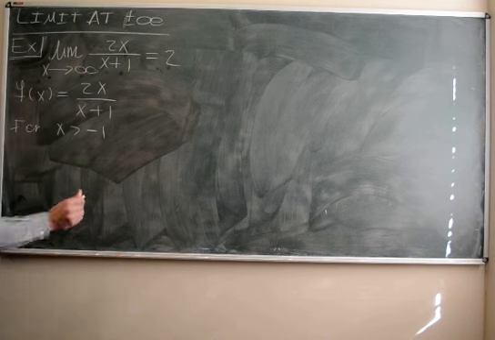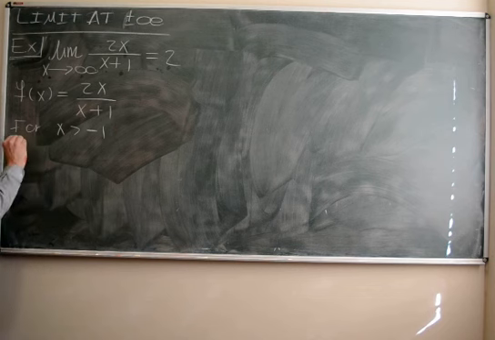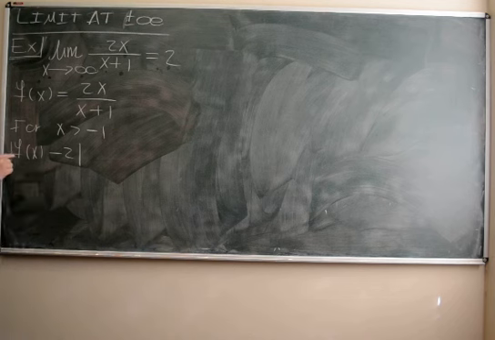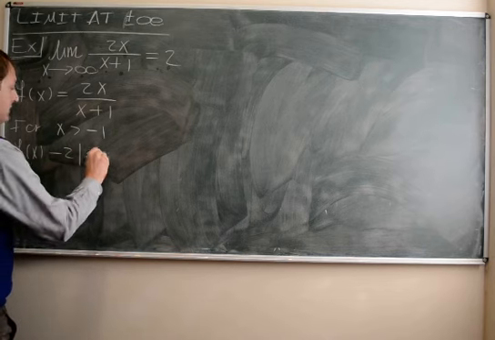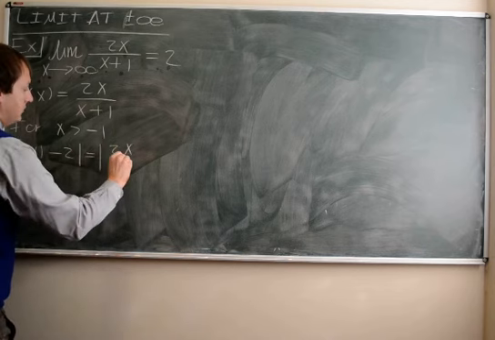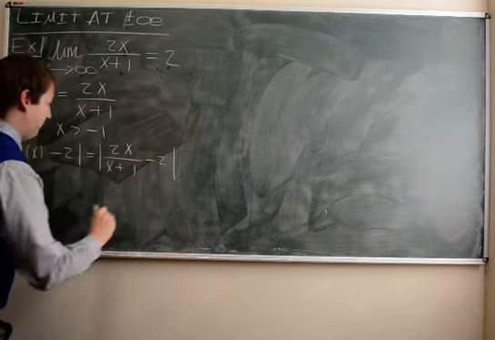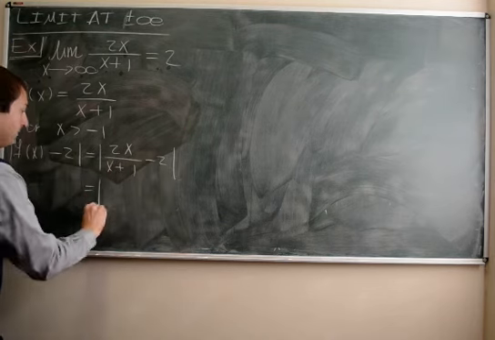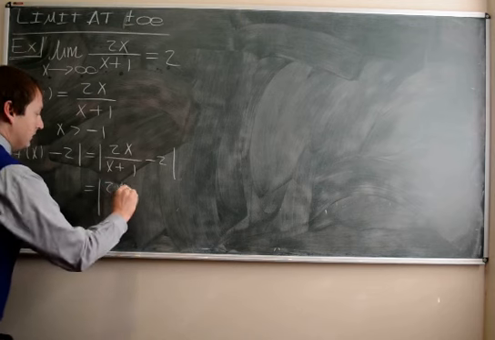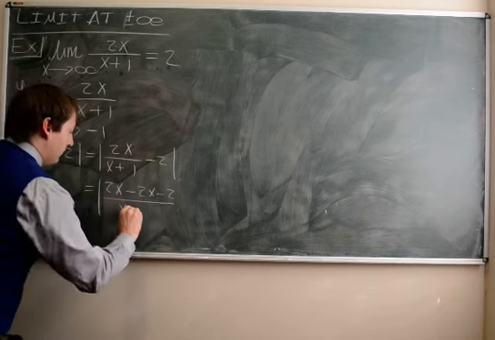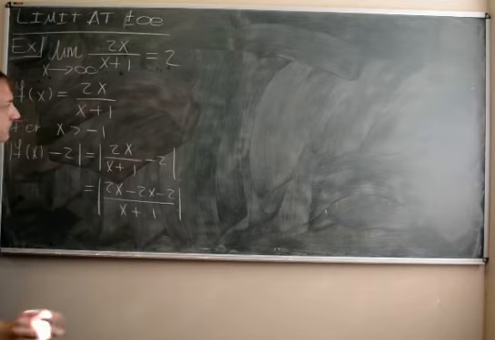So for x bigger than minus 1, we start off trying to find a nice estimate for this f minus 2. In this case, that's 2x over x plus 1 minus 2. Adding the fractions, we get 2x minus 2x minus 2 over x plus 1.